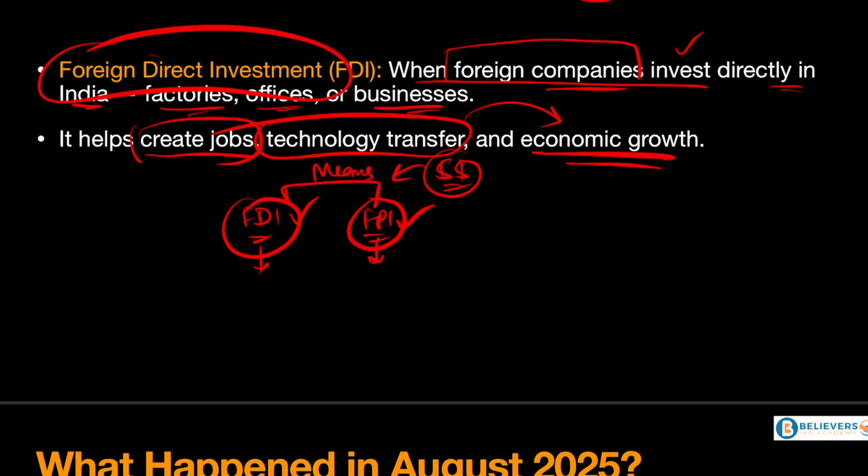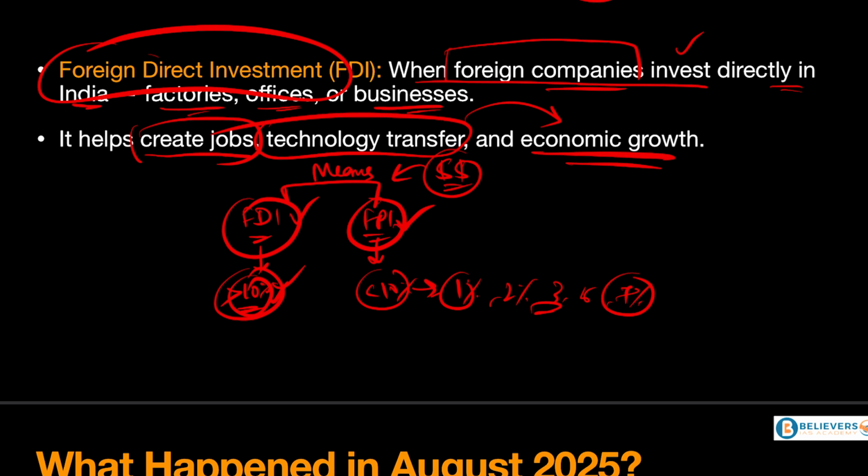In simple terms, any investment that is beyond 10% in a particular company, we categorize as FDI, and anything less than 10% we categorize as FPI. So be it 1%, 2%, 3, 5, 7, we categorize them as foreign portfolio investment.